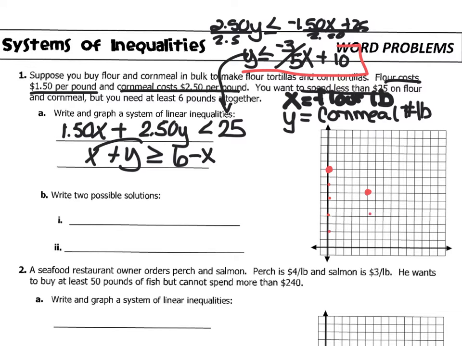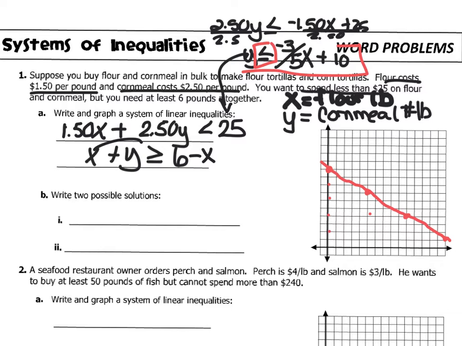Down 3, to the right 5, and you just continue this to the edge of the graph. It is less than or equal to, so it's going to be a solid line.